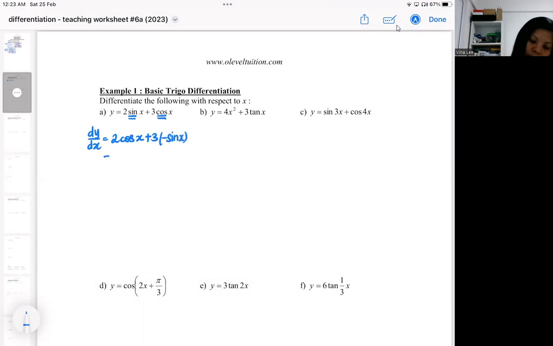That's just according to the formula. Part B, when you have 4x squared, you apply your usual bring down the power, minus power. So you get 8x. For tangent, differentiating tangent is just a secant square. And that's the answer.